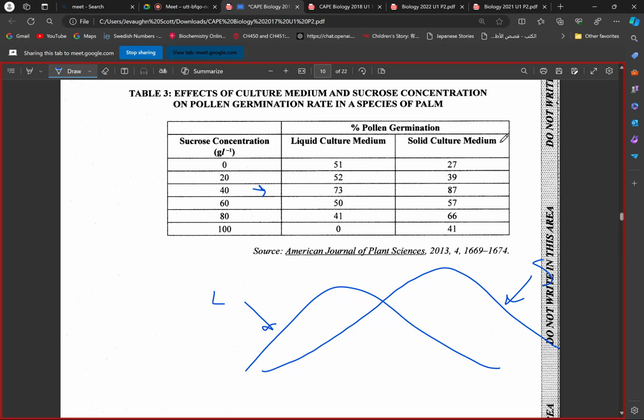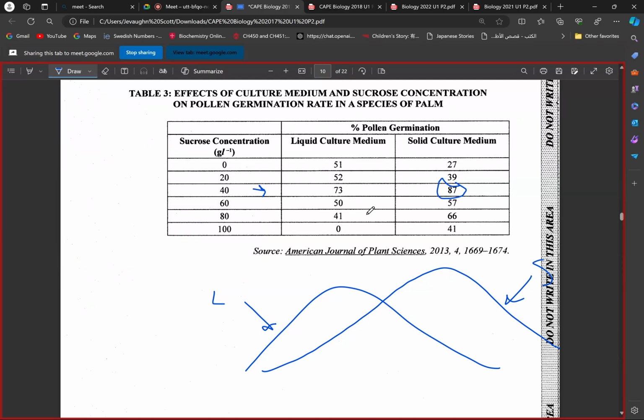And we could look at the effect of the solid type culture medium on the pollen germination in relation to the liquid culture medium. The solid culture medium allows the percentage increase to be a little bit slower as sucrose concentration increases, and then it reaches a higher maximum than the liquid culture medium.